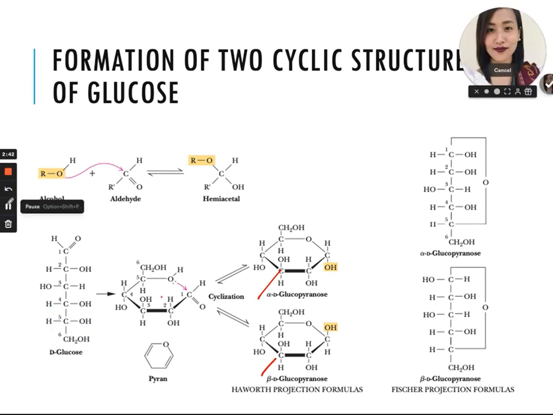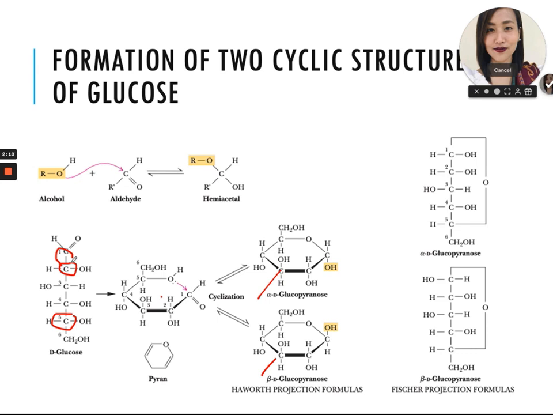The anomeric carbon is called the hemiacetal or carbonyl carbon atom. So which hydroxyl-containing carbon reacts with the functional group of this simple sugar? That's right, C5 of D-glucose reacts with carbon numbers 1 and 2 respectively of each molecule.